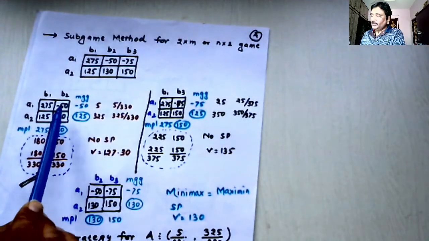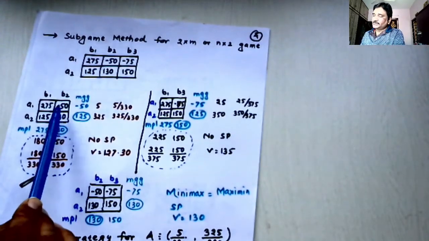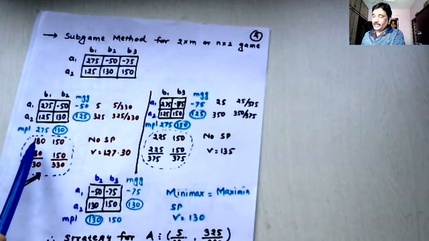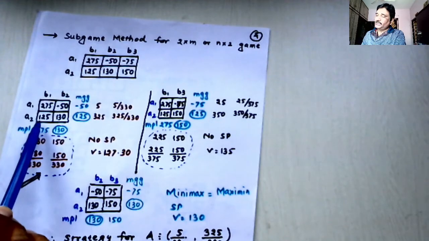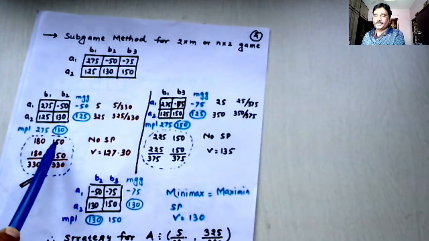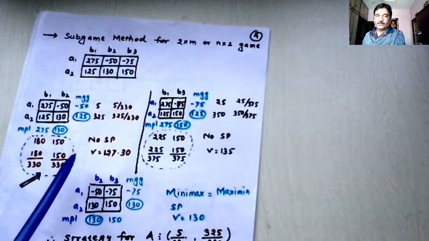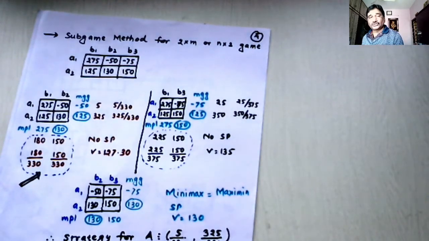So we'll be finding this difference, minus 50 minus 130, 180 absolute value here, and 275 minus 125, 150. So you make the sum of this and put that in the denominator, so that it comes 180 by 330, 150 by 330. That is how to solve the game.